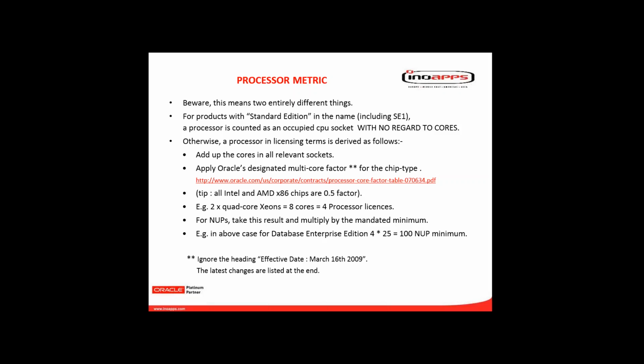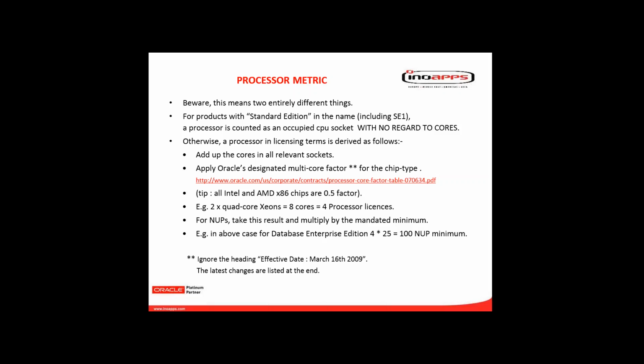As a little tip, all Intel and AMD x86 chips are 0.5. So here's an example: 2 quad-core Xeons, that's 8 cores. 8 times 0.5 is 4 processor licenses. That would not apply for standard edition, but it would apply for enterprise edition or most of the middleware products as well.